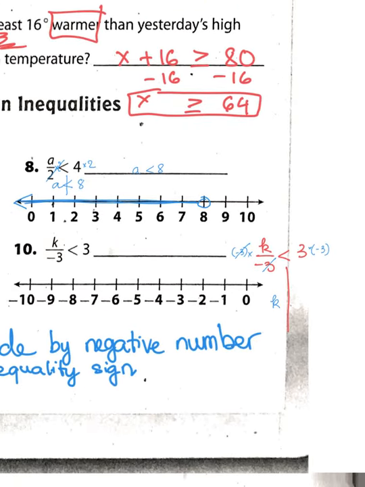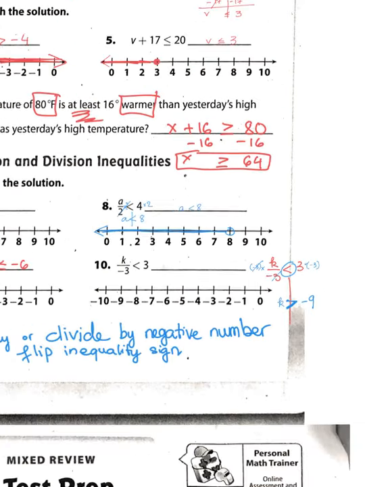So that means I'm going to flip this inequality sign from smaller to greater. And 3 times -3 will be -9. -9 right here, open circle to the right. Get it greater than. So we just finished the first page.